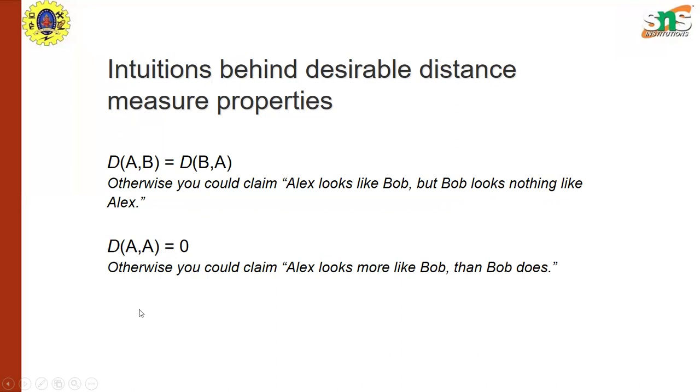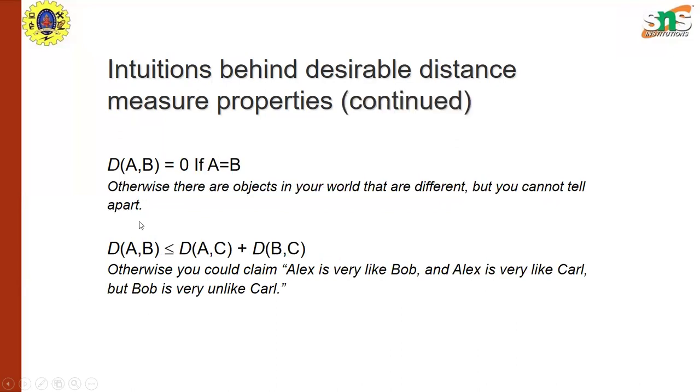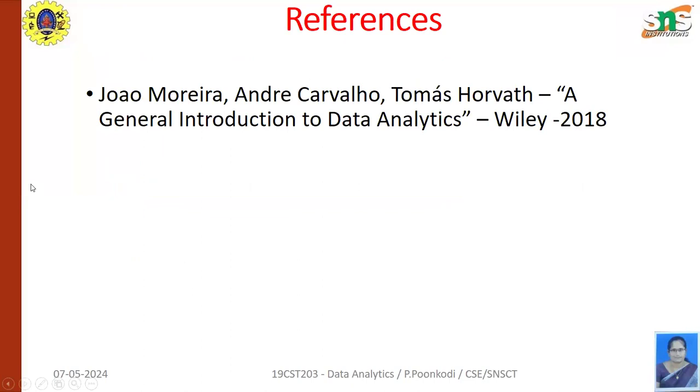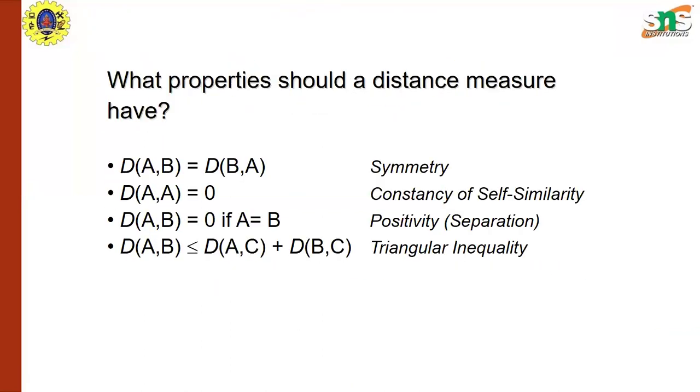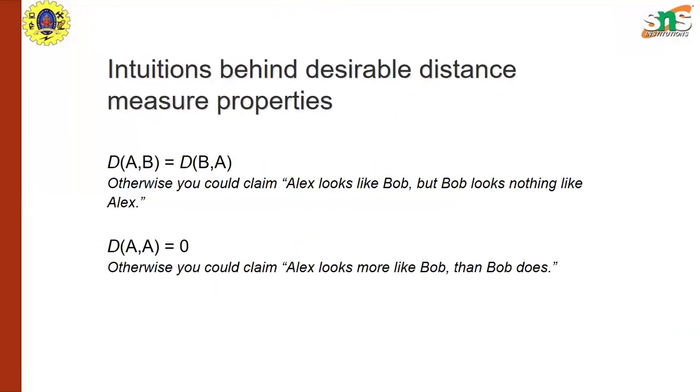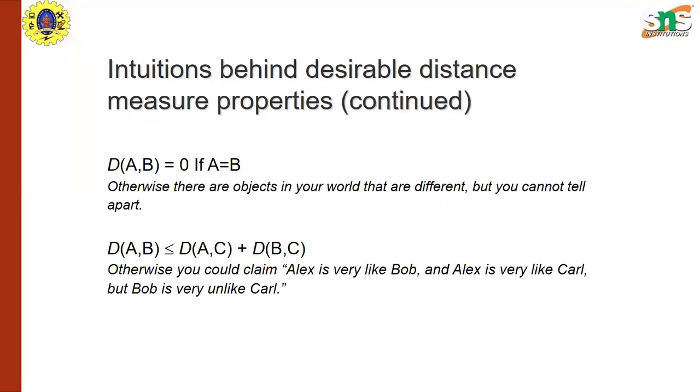The next one is constancy. You can claim that Alex looks more like Bob than Bob does. Then positivity: you can consider objects in your world that are different, but you cannot tell apart.